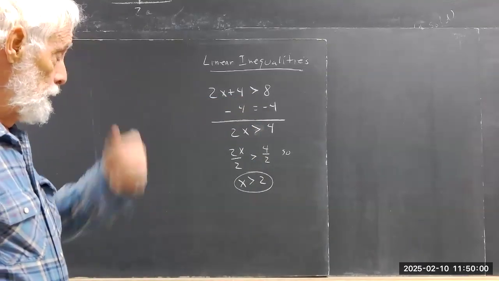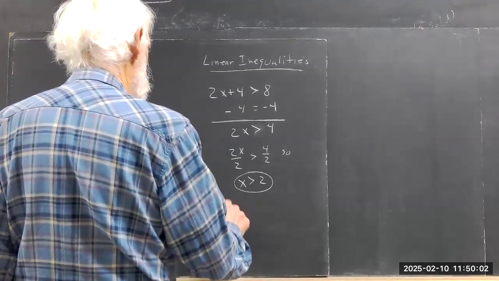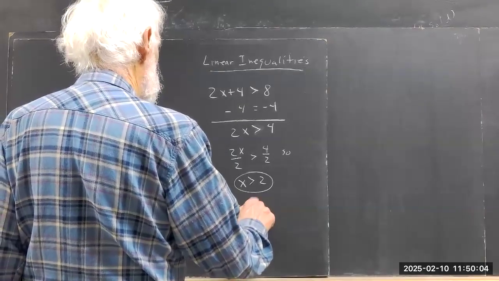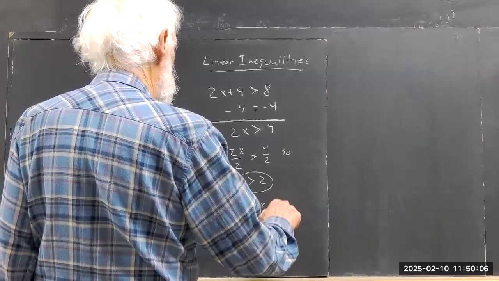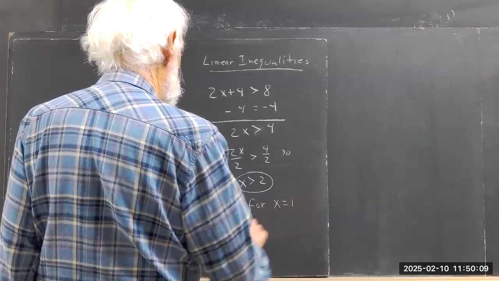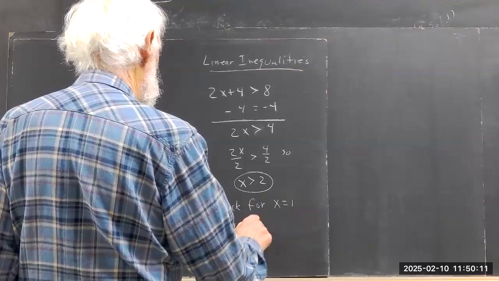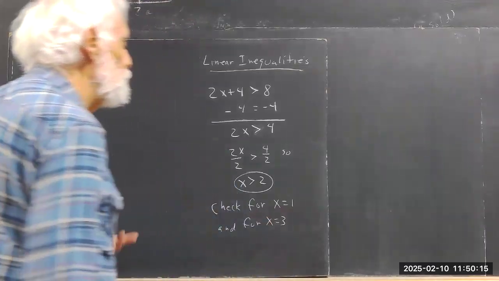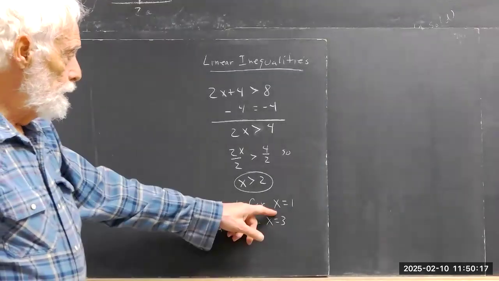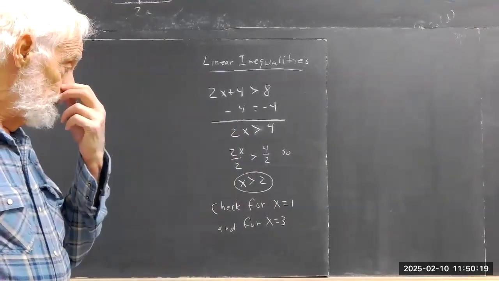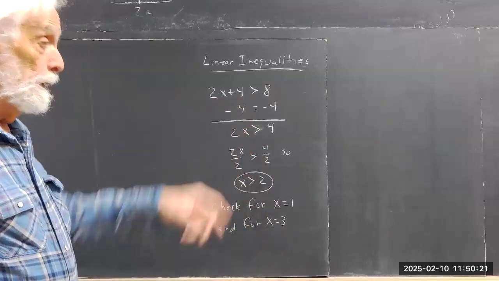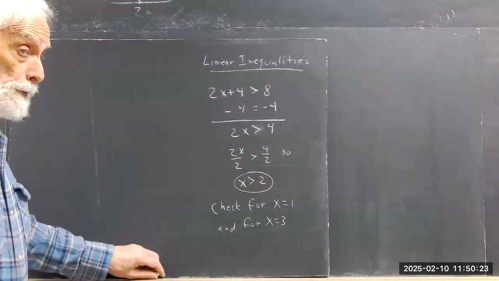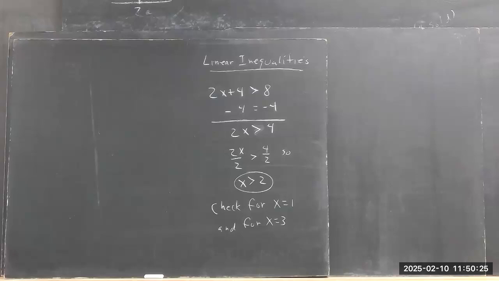So check that for 2 different values of x. Plug in x equals 1 up here and see if it's true. Then plug in x equals 3 and see if it's true. Okay, so do that on your paper. Plug in those numbers and see what the inequality gives you.